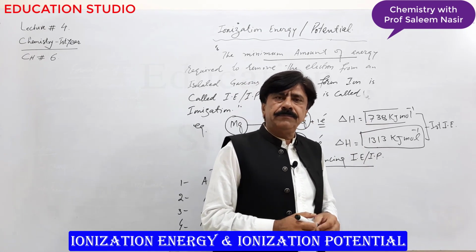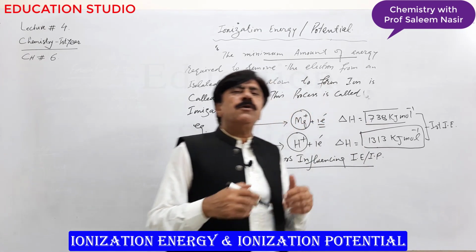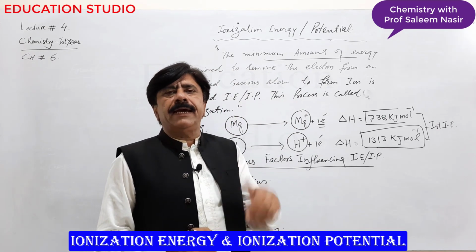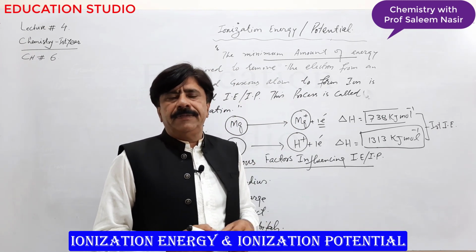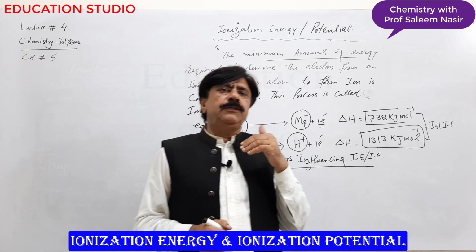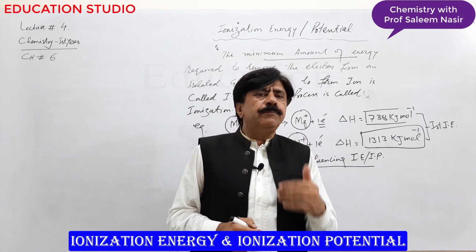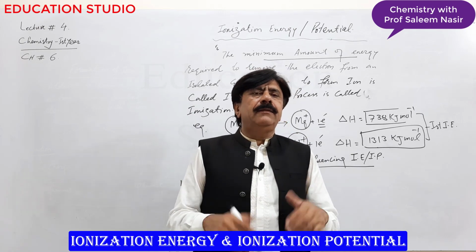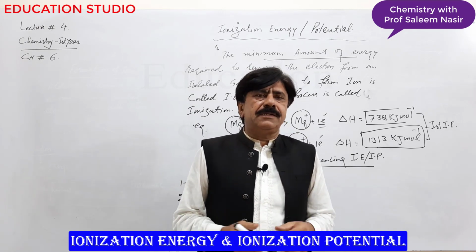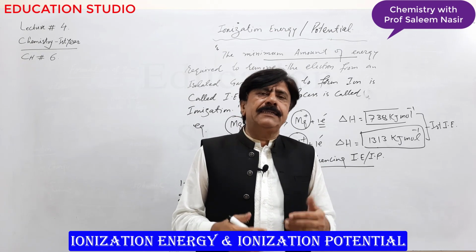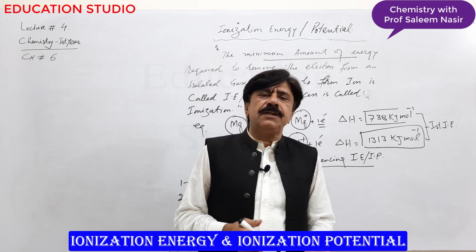Students, if we go ahead, we can remove an electron from the unipositive ion to form the dipositive ion, and this energy is termed the second ionization energy.